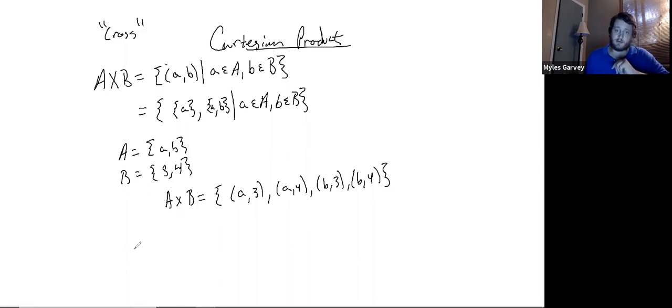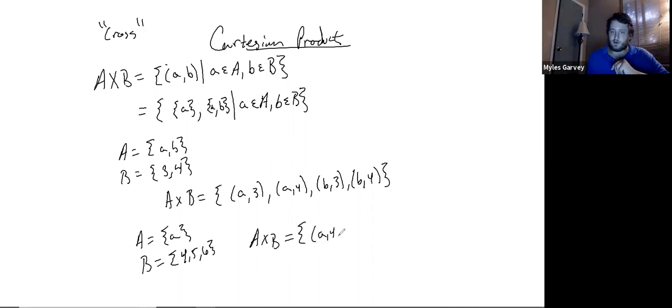By the way, you're not restricted to only sets that have the same size. I could have a size of 1 and a size of 3 here. And I could do something like A cross B is equal to (a,4), (a,5), and (a,6).